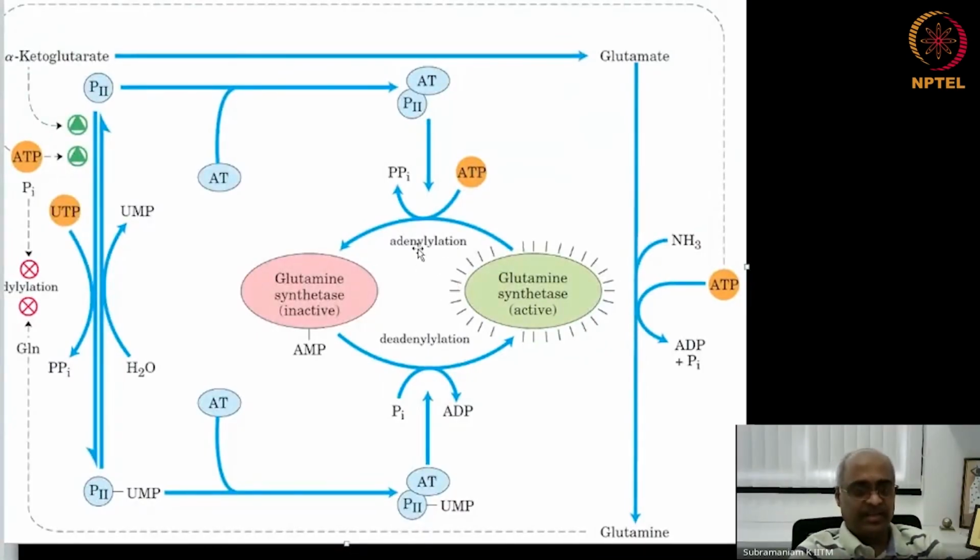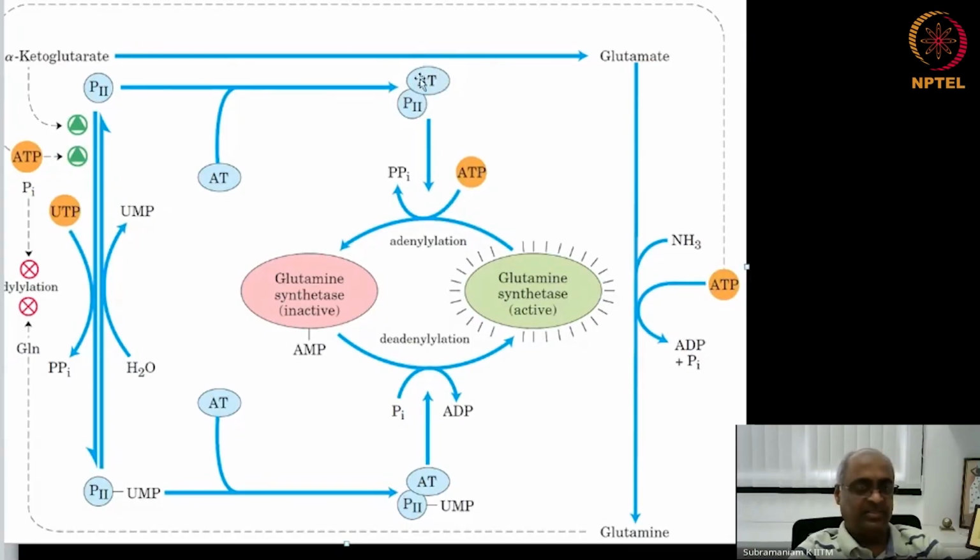So that is why it is adenylation. Adenylation is what happens. That AMP group is covalently attached to the enzyme, and when that adenylation happens, it becomes inactive. And this is done by adenylyl transferase.